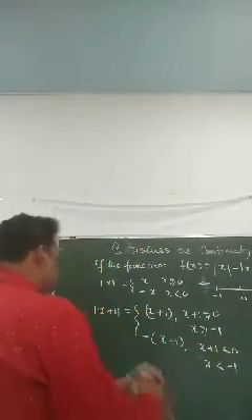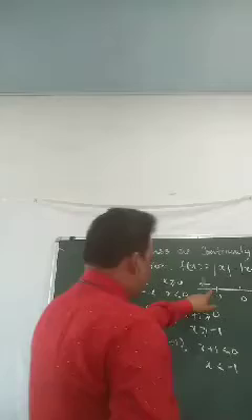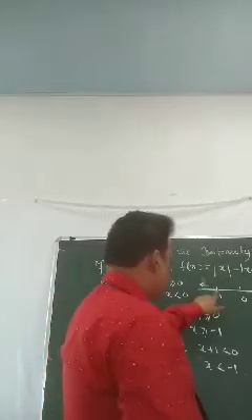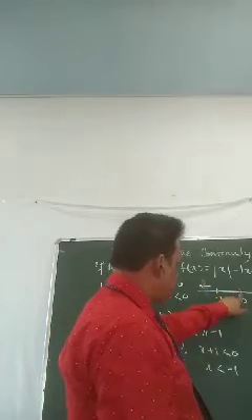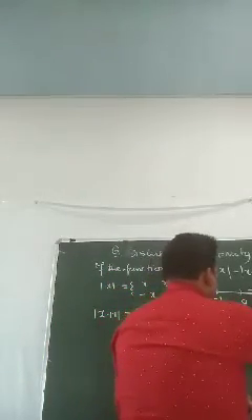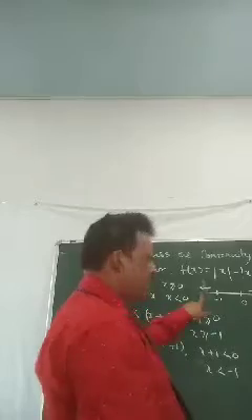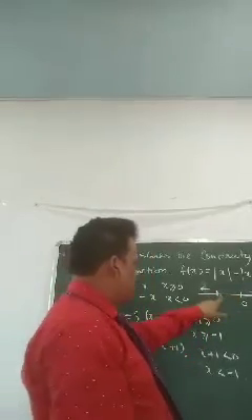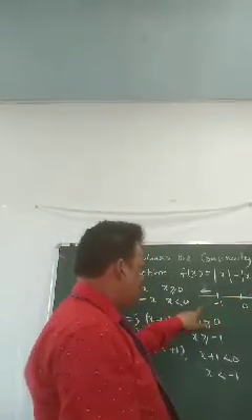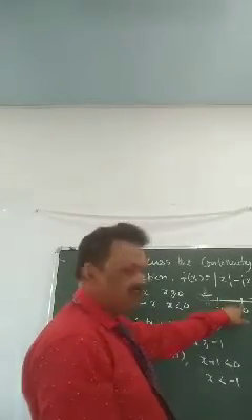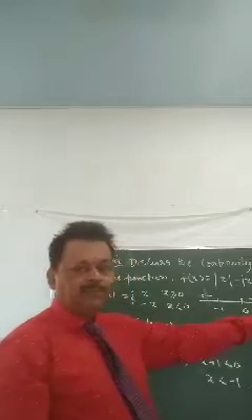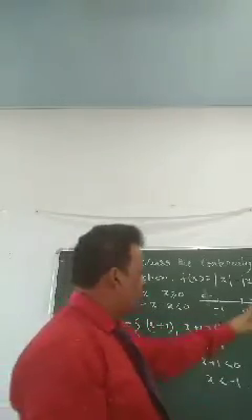We will have three parts: one where x is less than minus 1, another where x is between minus 1 and 0, and the third where x is greater than 0.